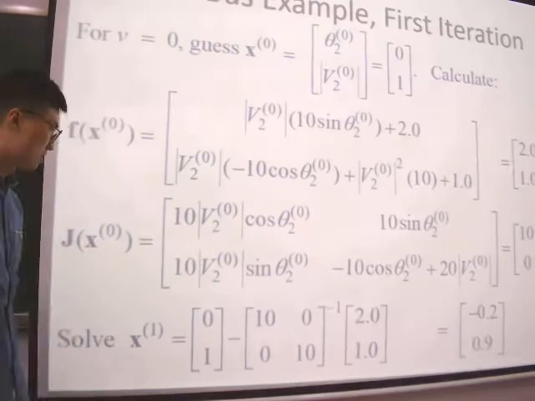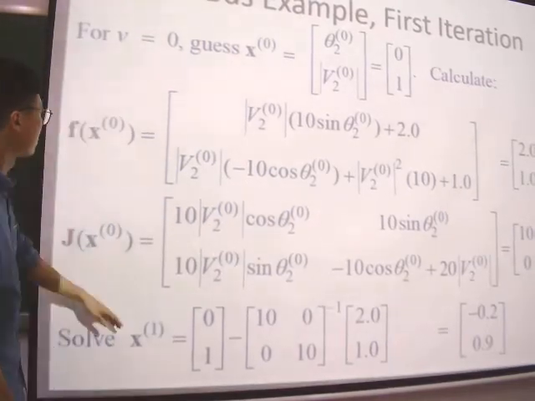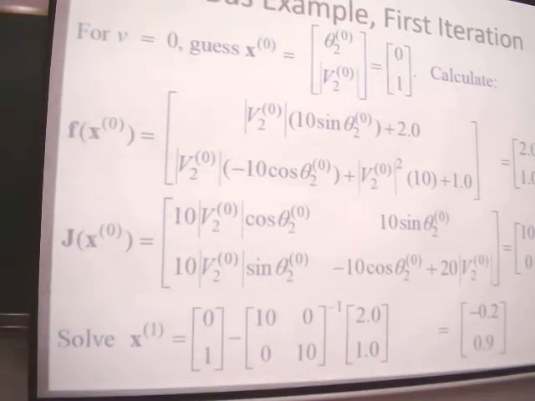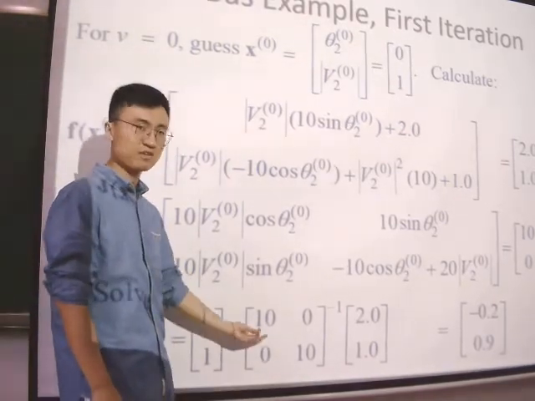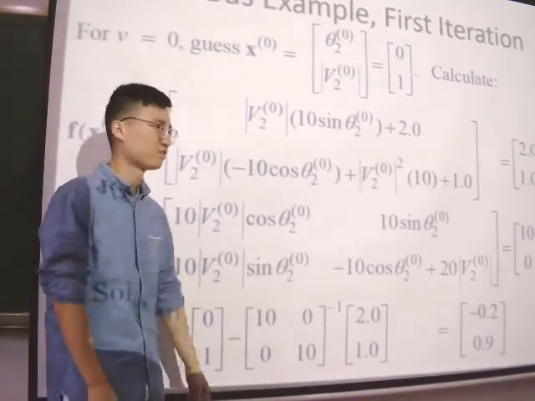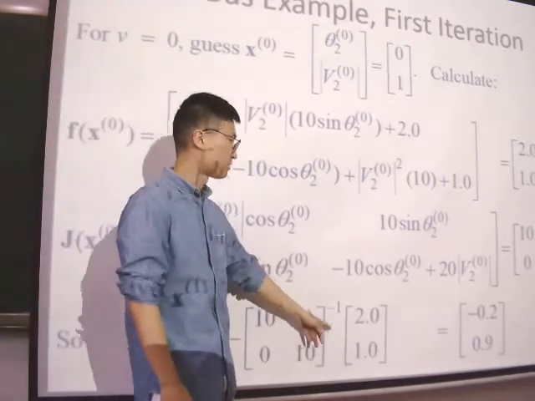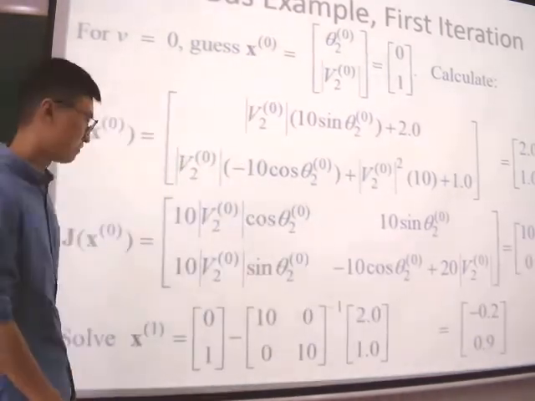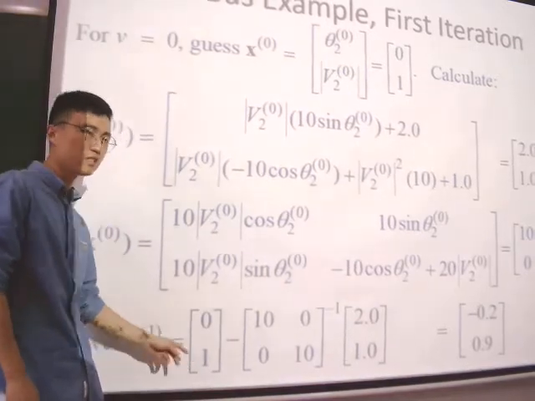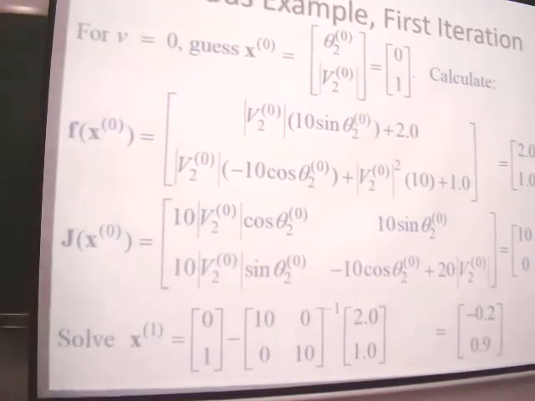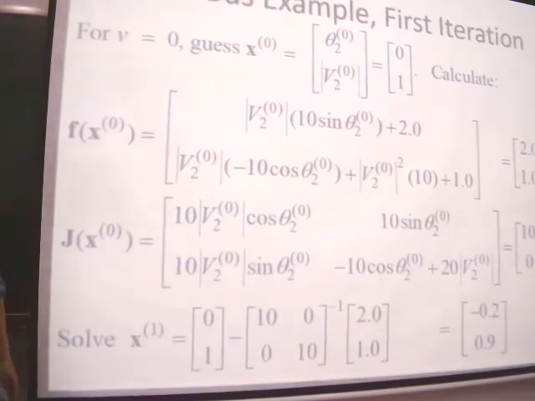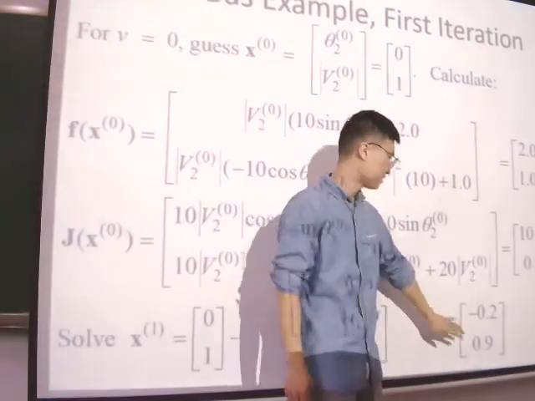So you know the Jacobi, you know the function value, and the inverse of the Jacobi can be calculated with your calculator, together with the initial guess.